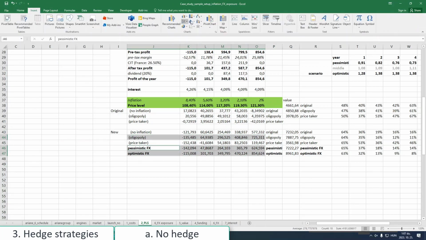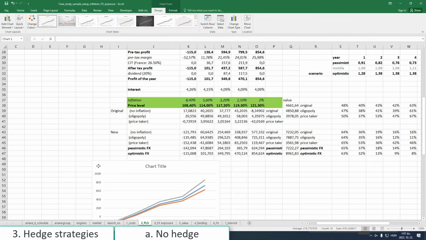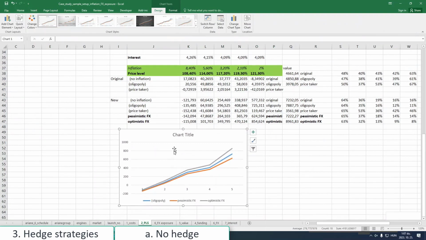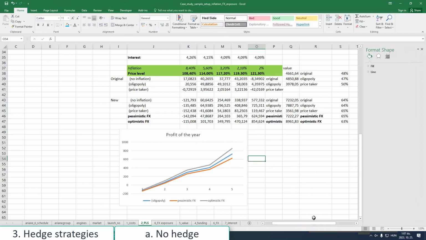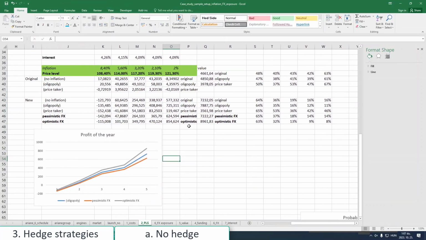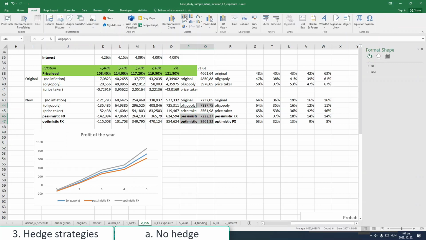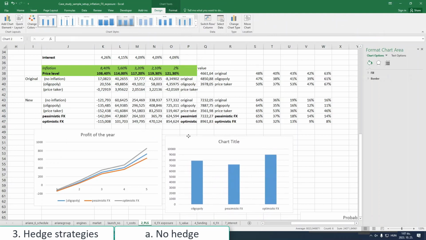So we just have to say that profit of the year. This is the data. That's how I was defining at the beginning that we are just focusing on the oligopolistic case, because otherwise it would generate so many different kind of outputs and value.